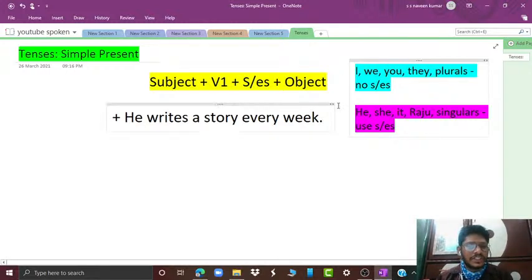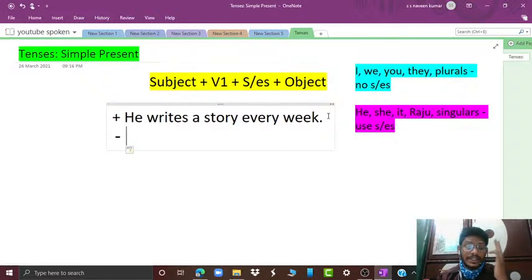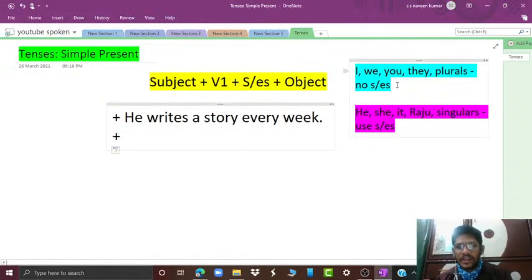Now the first sentence is over. Then coming to the negative context, when we want to write a negative sentence, we need to take some helping verb. Sir, how to take helping verb? For that we have to write another positive sentence. Here the verb is given with S or ES.